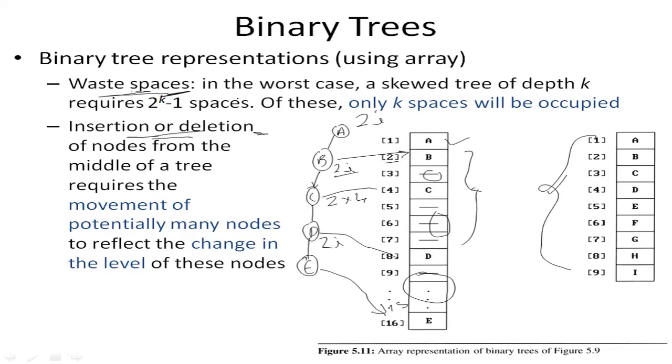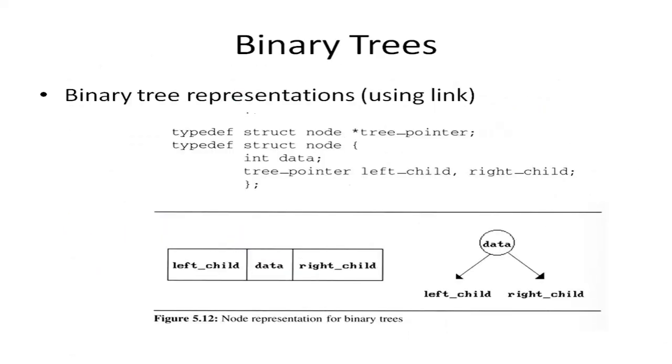The second is linked representation. As I said, I can represent each node of a binary tree as a node. A node is nothing but a piece of information. You have seen this in linked list. A linked list was a collection of nodes wherein every node had some data and some pointer.